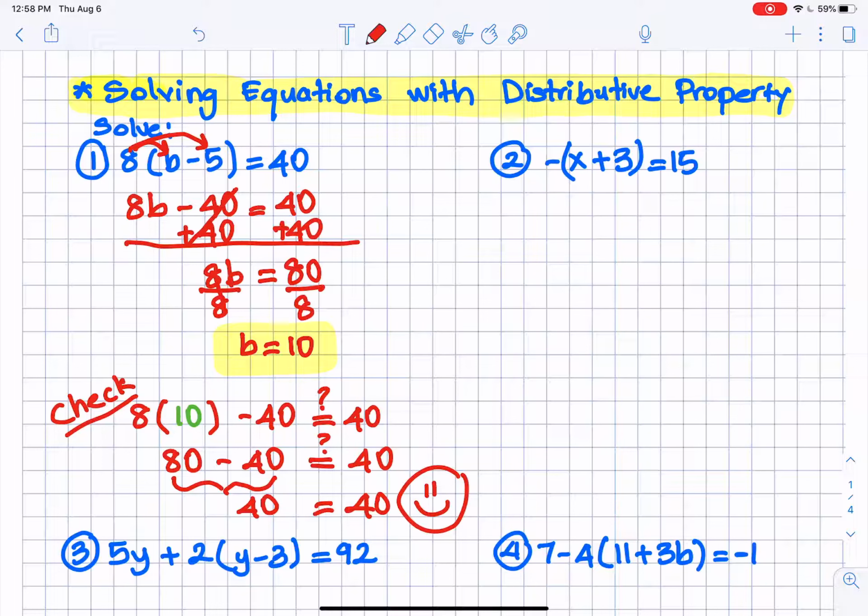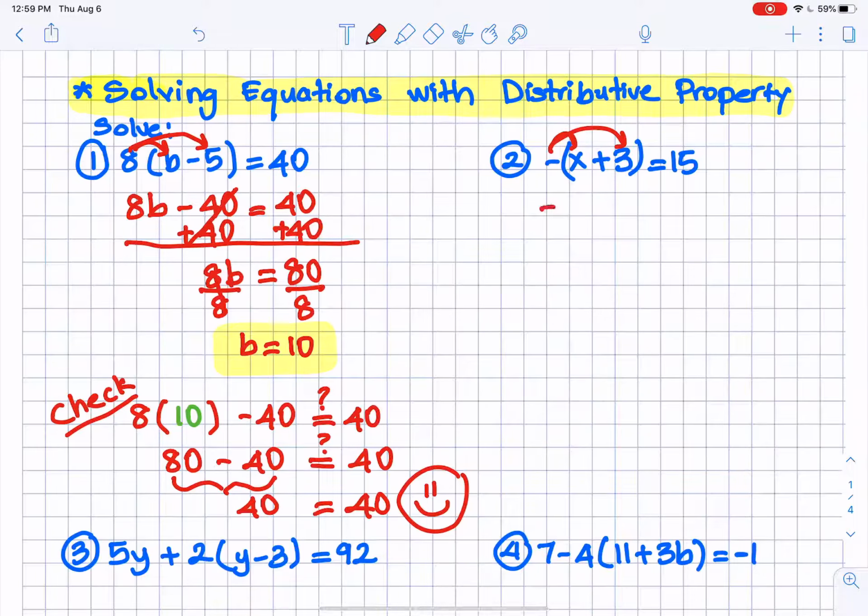Great job. Now let's look at question number 2. So we are going to distribute that negative sign over x plus 3. So I'm going to assume this is like negative 1, and I'm going to distribute it over x and 3.